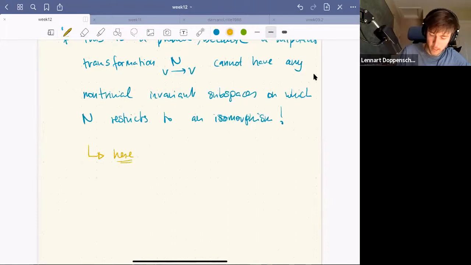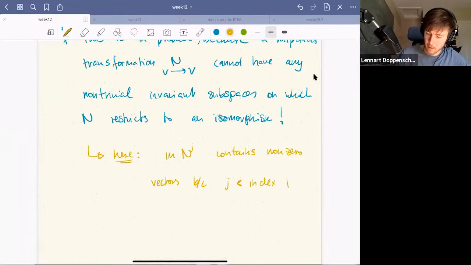Here we are in the case that the image of n to the j is non-trivial, or I could say contains non-zero vectors, and therefore it's a non-trivial subspace because j is strictly less than the index of n.